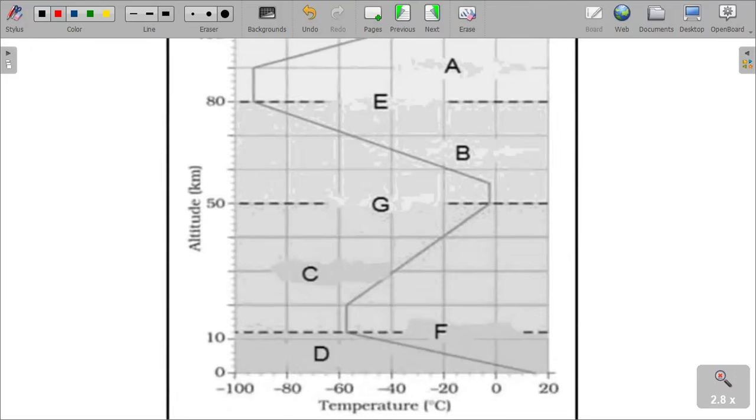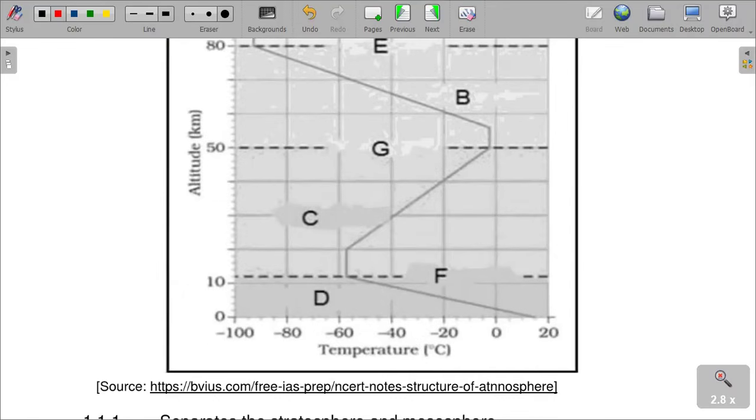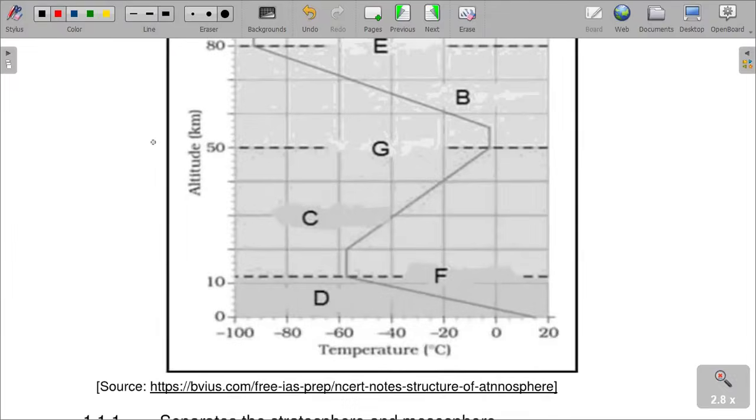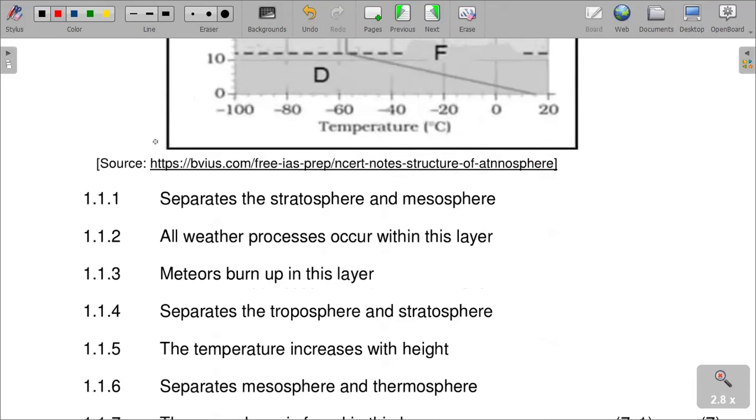So we are given the structure of the atmosphere, starting from D going up to the highest altitude, which is 400 kilometers.